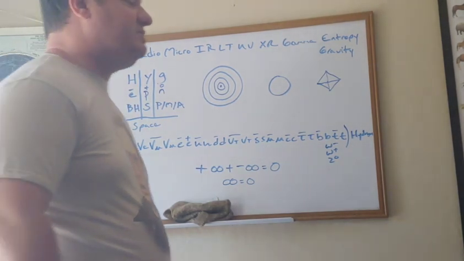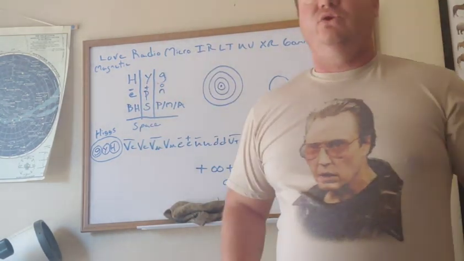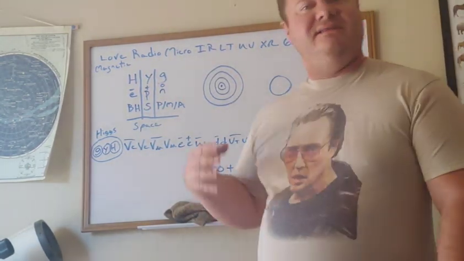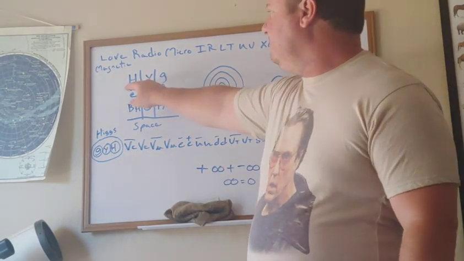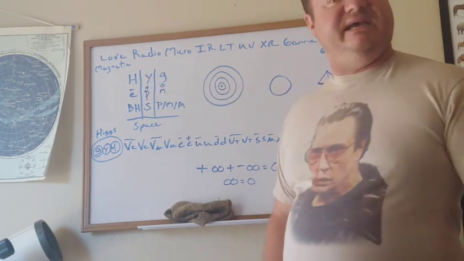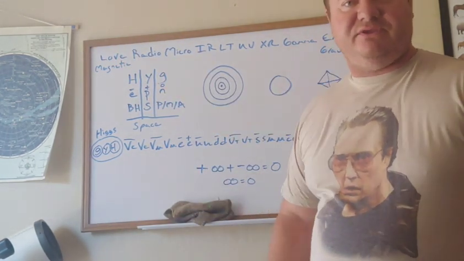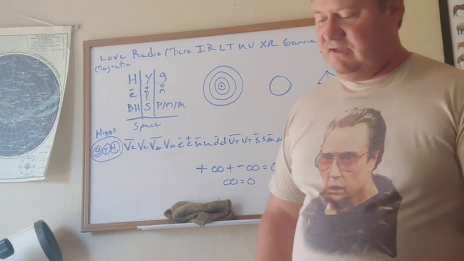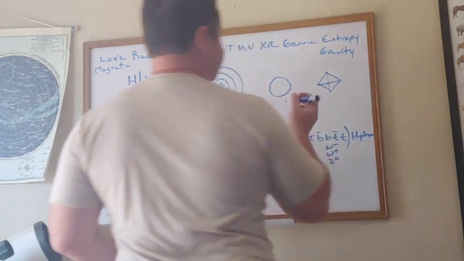Okay? Which is what's trippy about it. Because whenever you're looking out into space, you're actually seeing the fundamental level of the Higgs bosons, photons, and gluons. Okay? That's all you're seeing whenever you're looking out there. Okay? Because this is you. Okay?